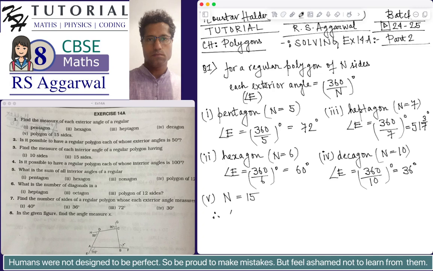So the measure of each exterior angle will be 360 by 15 degrees. Sorry, this will be, I think, 24 degrees. So for a regular polygon having 15 sides, the measure of each exterior angle is equal to 24 degrees.